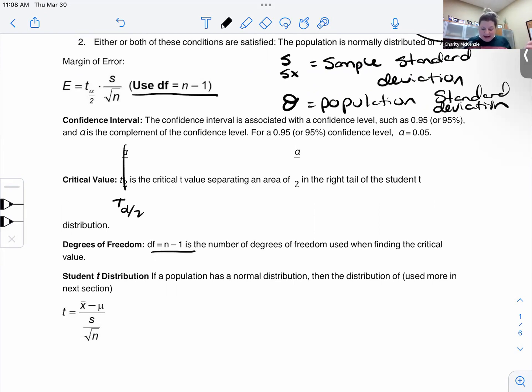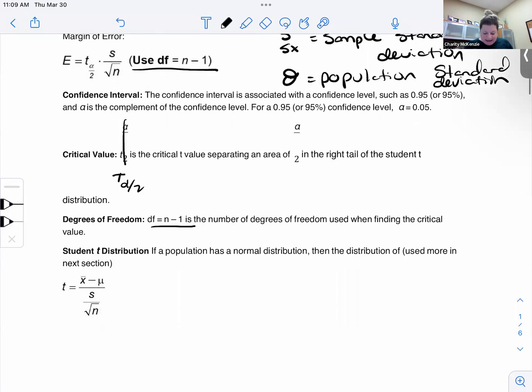And we minus one because it helps, I guess, with error, though I don't remember exactly what the definition was, but it helps us be more accurate with our T distribution if we do one less than our sample. I could Google the actual definition, but I just care that you know degrees of freedom is your sample size minus 1.